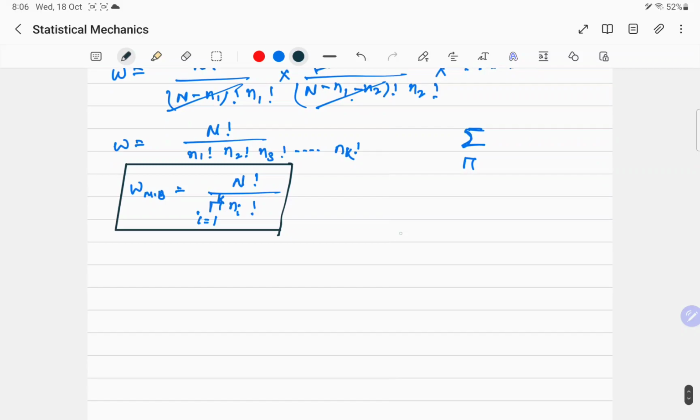The Maxwell-Boltzmann distribution is valid for classical particles. Classical particles are non-interacting.